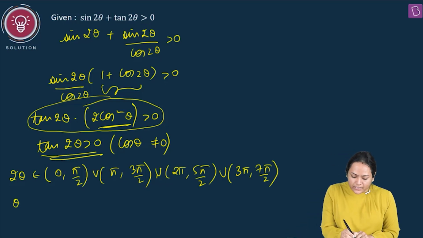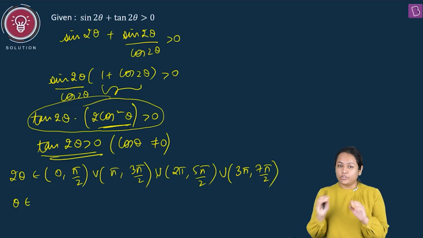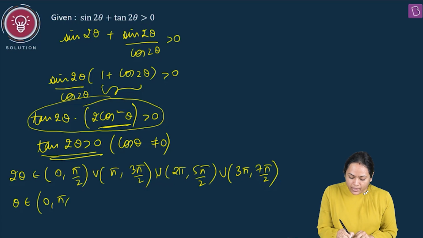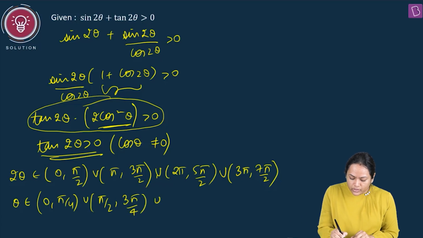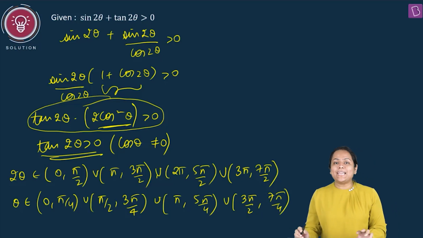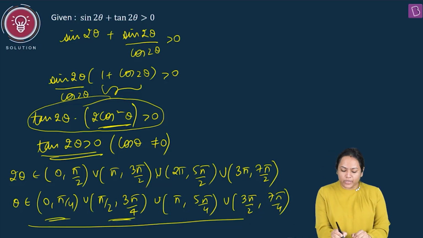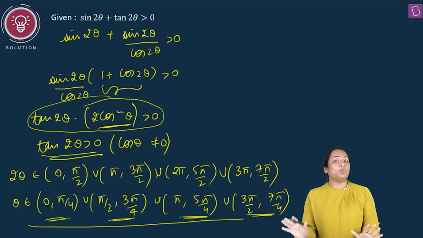And from here we can clearly say that my theta, which was lying from 0 to 2 pi, can come in the range of 0 to pi by 4 union pi by 2 to 3 pi by 4 union pi to 5 pi by 4 or 3 pi by 2 to 7 pi by 4. These are the acceptable values of theta. Clear? And you can clearly see that in these possible ranges, cos theta will never be equal to 0.